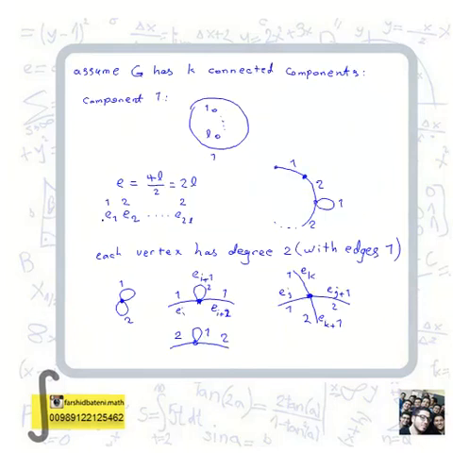Let's continue our proof. We defined graph G, and we assume G has k connected components. Let's consider component 1. If it has L vertices, then the number of edges is 4L over 2 equals 2L, because all the vertices have degree 4.